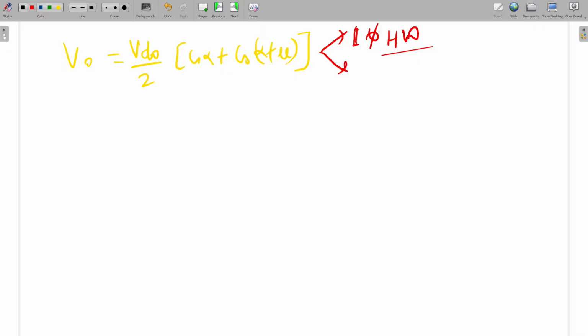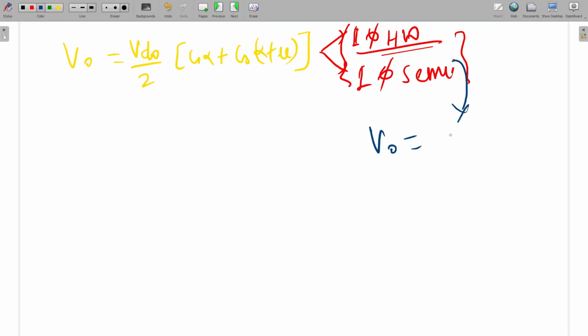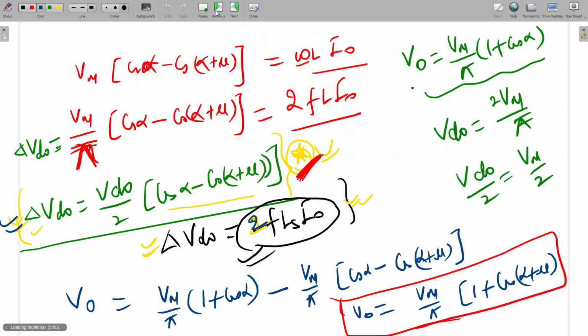This will not be valid for the single phase half wave and single phase semi converter. So how can we calculate the output voltage in every case? The normal output minus delta Vd0. Like this you can remember. Is it clear?